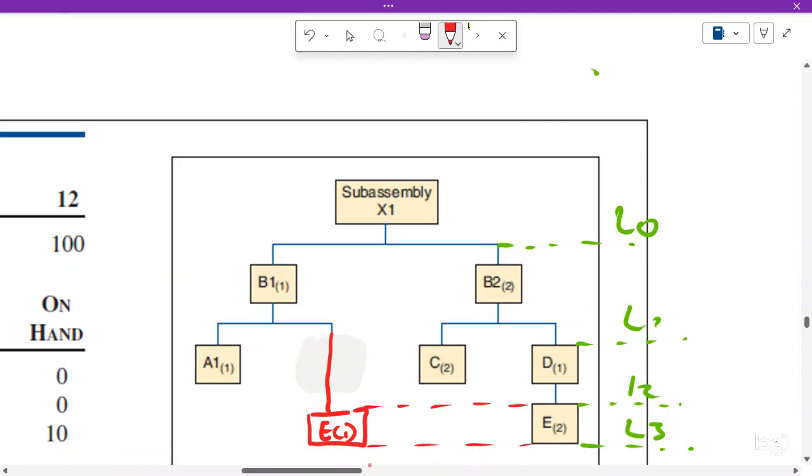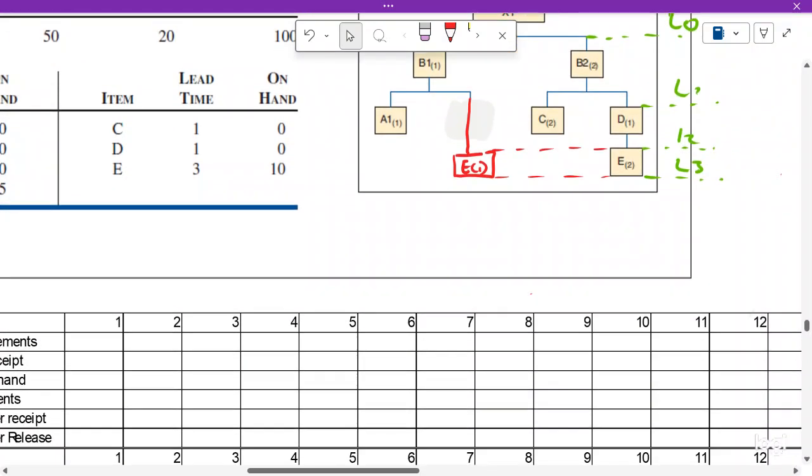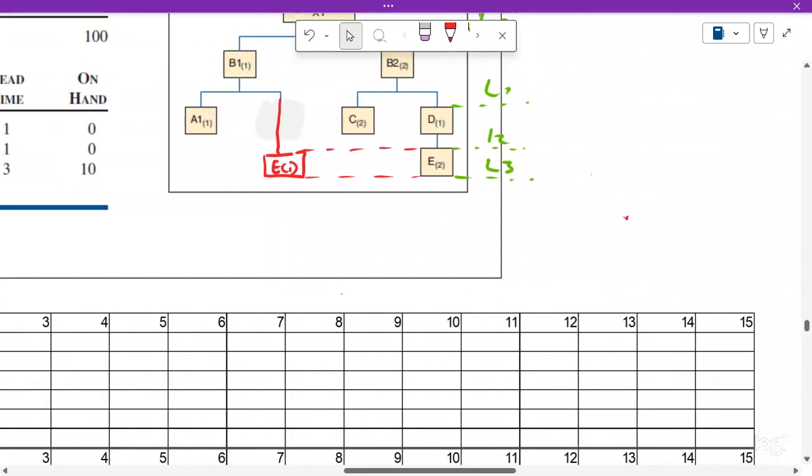We call it low-level coding. Again, low-level coding. The structure has already been amended. Good. I'm happy that we are able to pick up such things. I am happy to realize that we are able to do this.